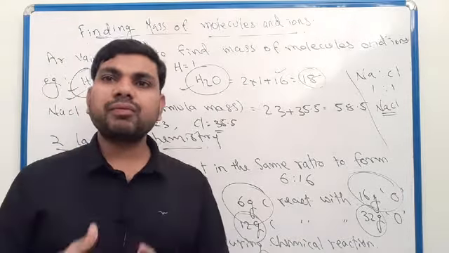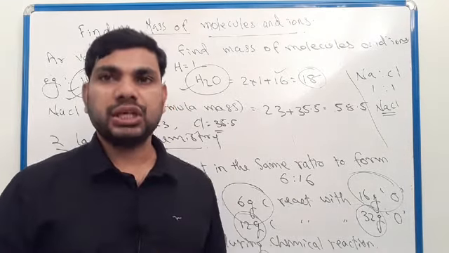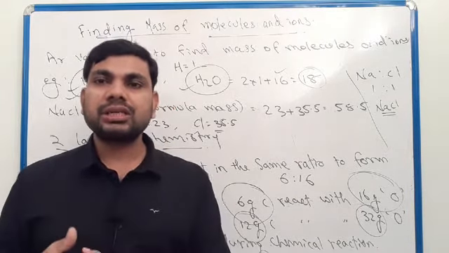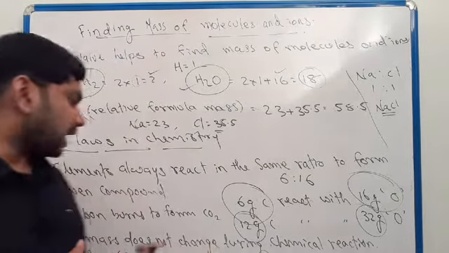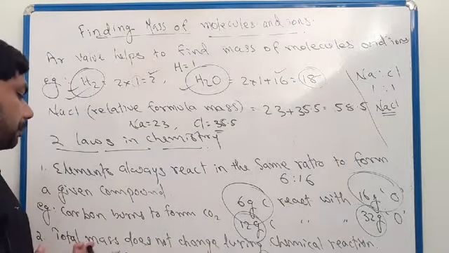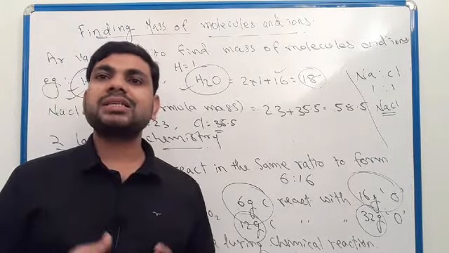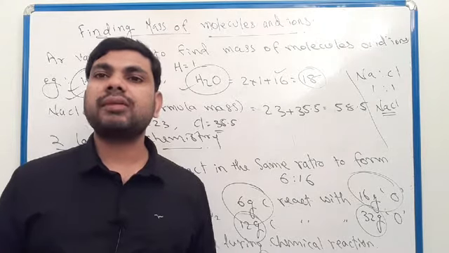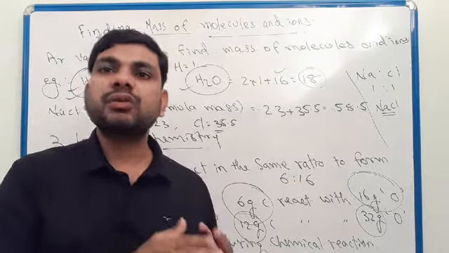So the mass of reactant and product is always the same, it does not change. The mass of reactant will be equal to the mass of product. That is the second law. Mass does not change during a chemical reaction, meaning mass of reactant is always equal to mass of product.